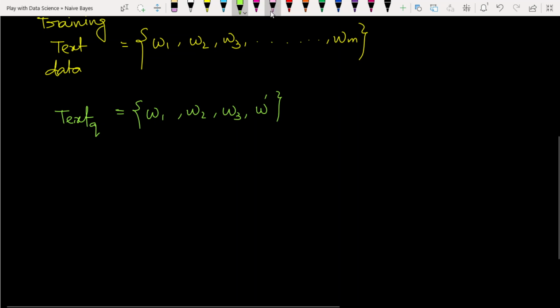Here, the main problem in the query text is this w dash.